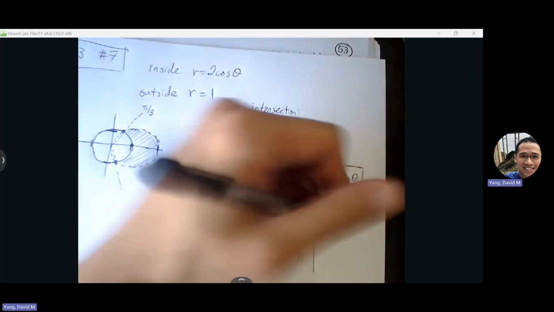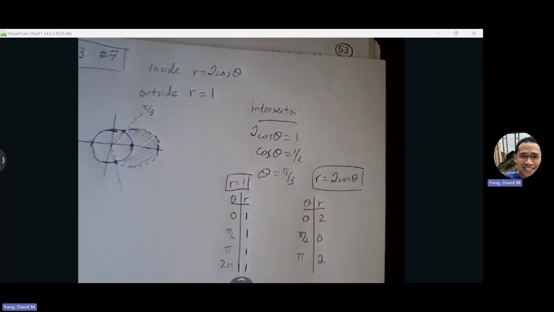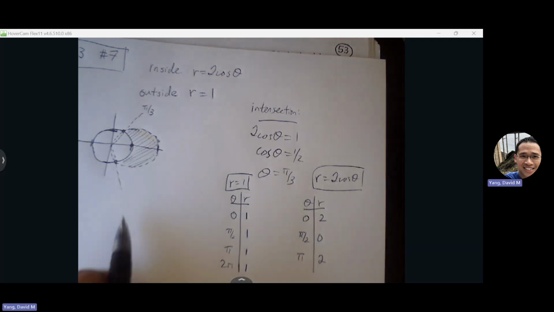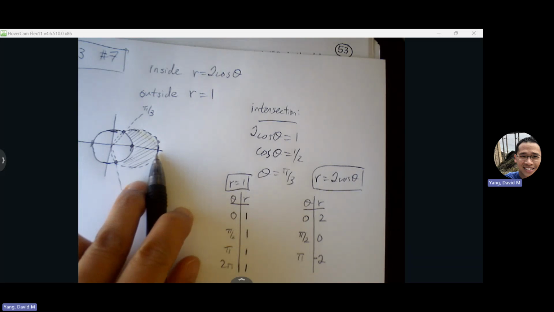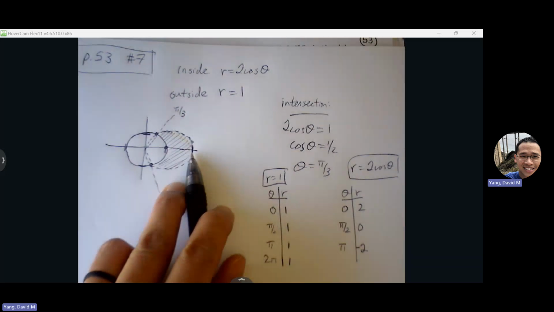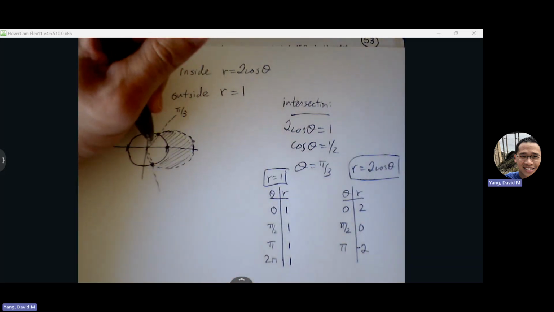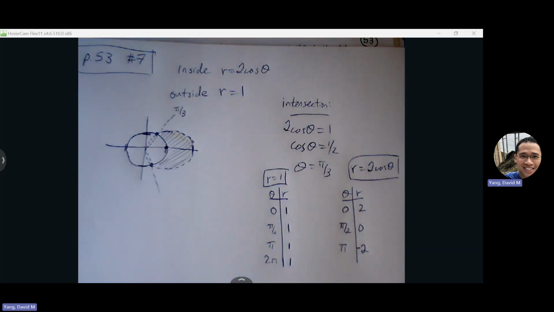Okay, for R equals 2 cosine theta, we're going to complete a cycle at pi. It's going to be at -2 here, pi -2, which is back to where it starts.